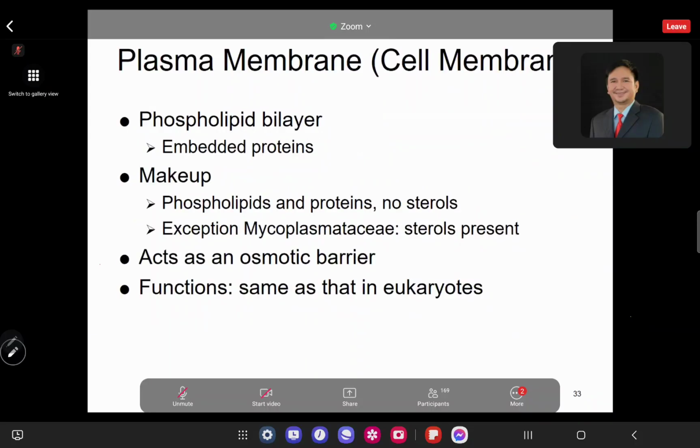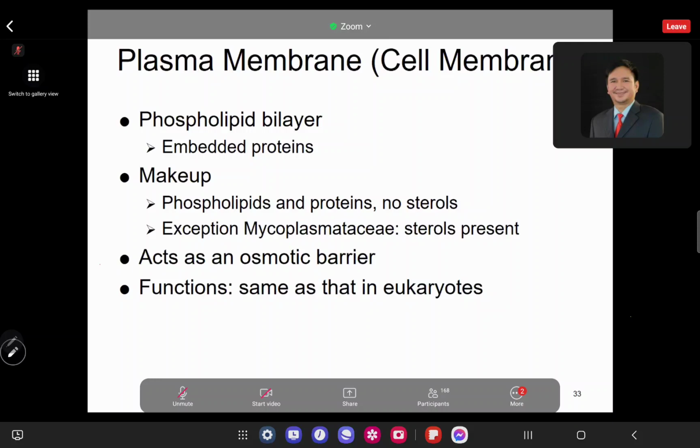Another structure of the prokaryotic cell or bacterial cell would be your plasma membrane or your cell membrane. It is a critical structure in bacteria with the following composition: a phospholipid bilayer, which contains embedded proteins that play roles in transport and signaling.